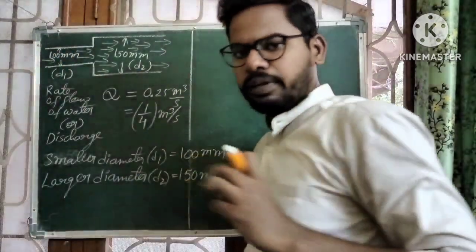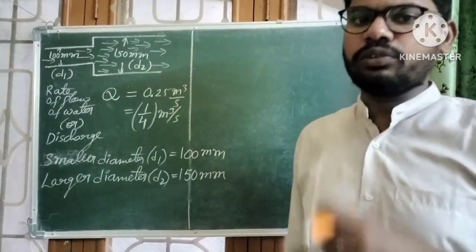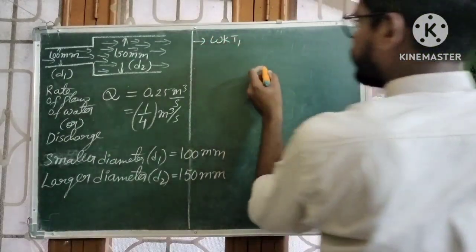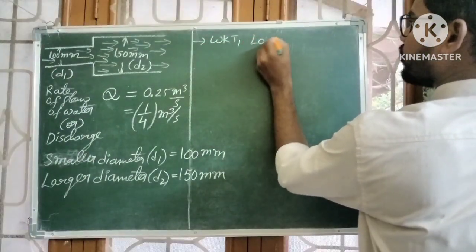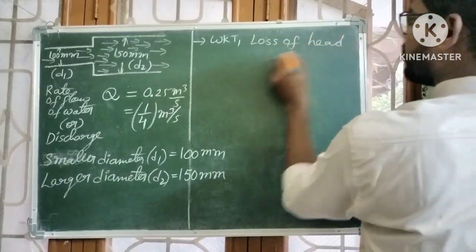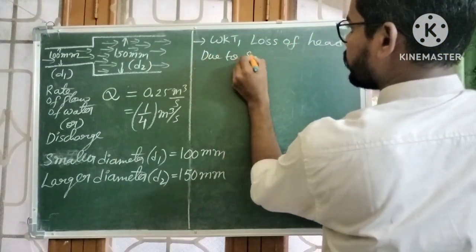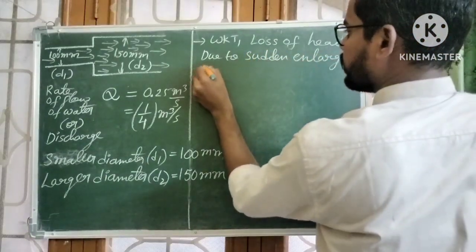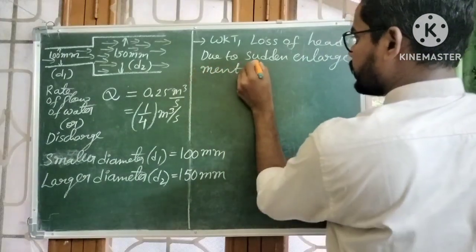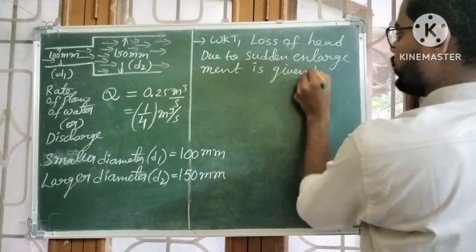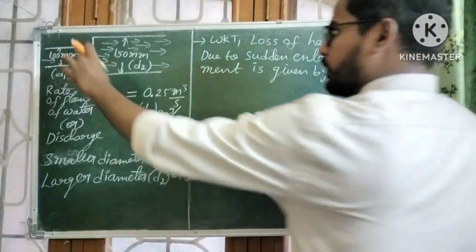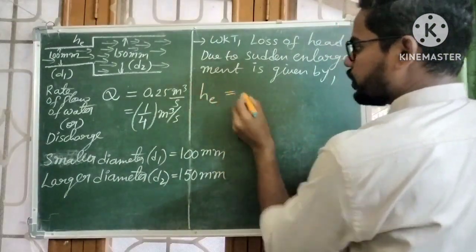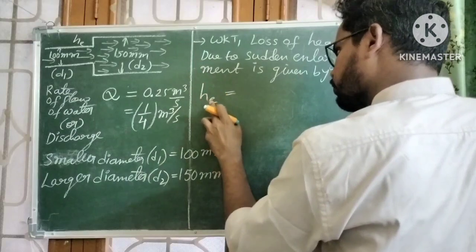So when the pipe is suddenly enlarged, there will be a loss of head, and that loss of head is what is being asked. So we know that loss of head due to sudden enlargement is denoted by HE. HE means loss of head due to sudden enlargement.